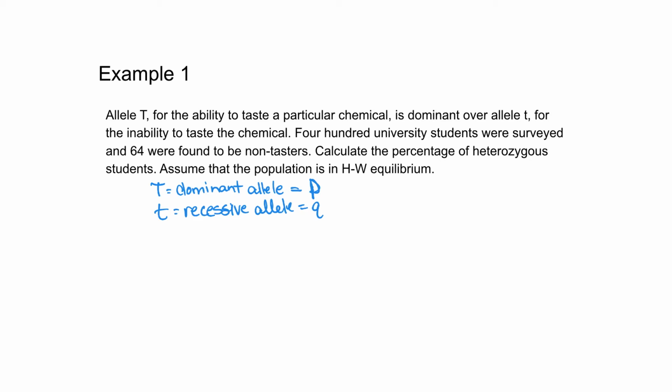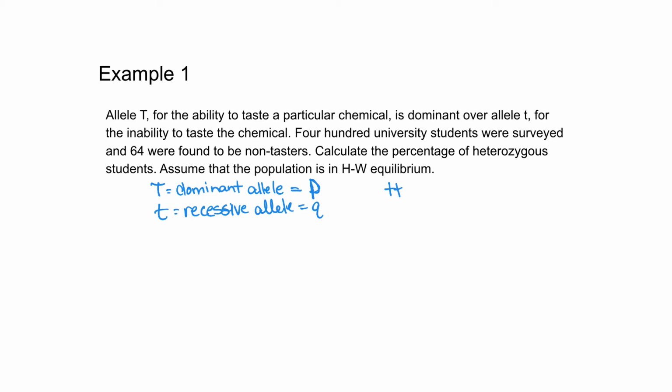So it says 400 university students were surveyed and 64 were found to be non-tasters. So if they can't taste, that means that they have to be homozygous recessive. So we know that little t, little t would be our homozygous recessive genotype.